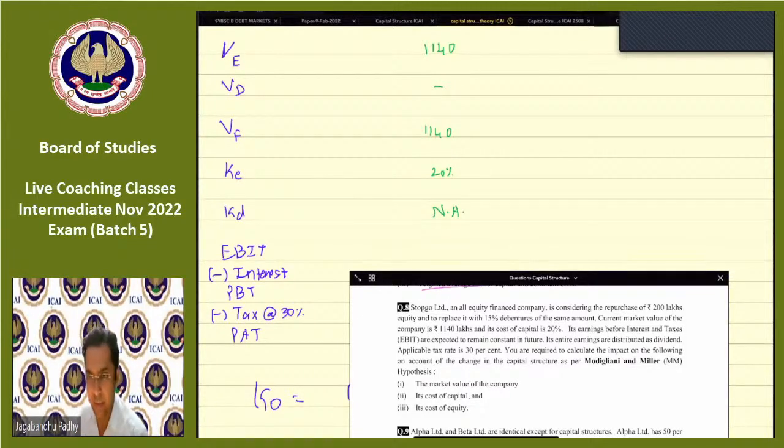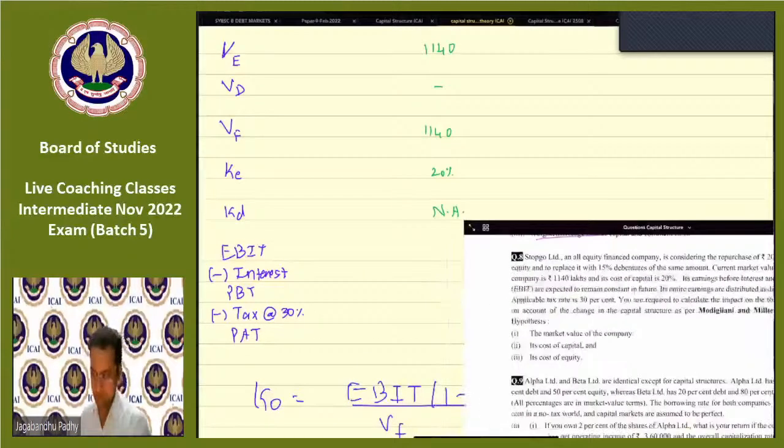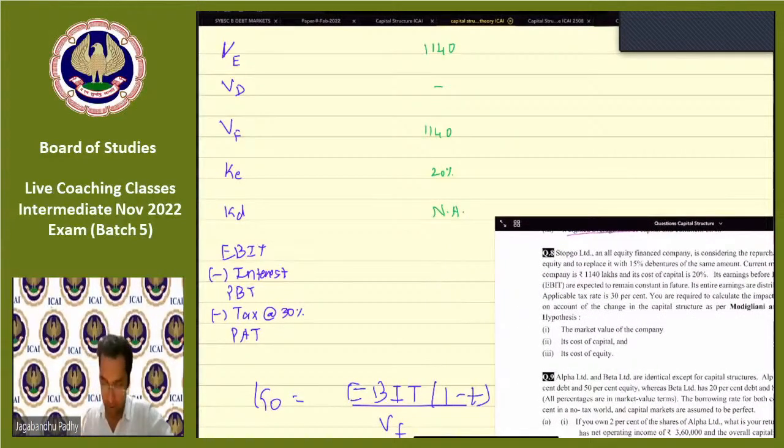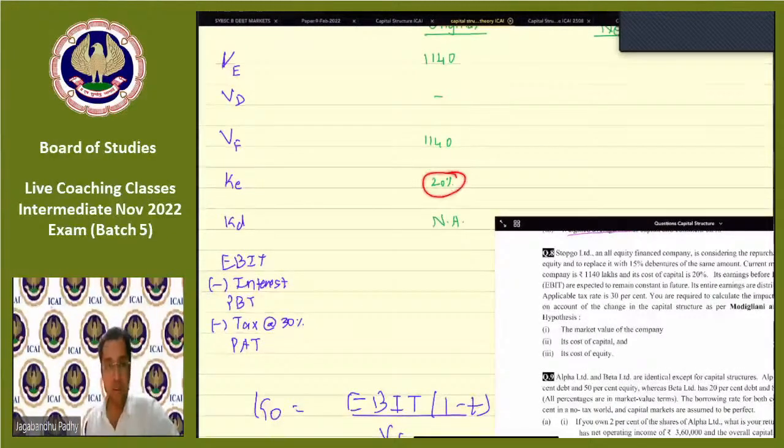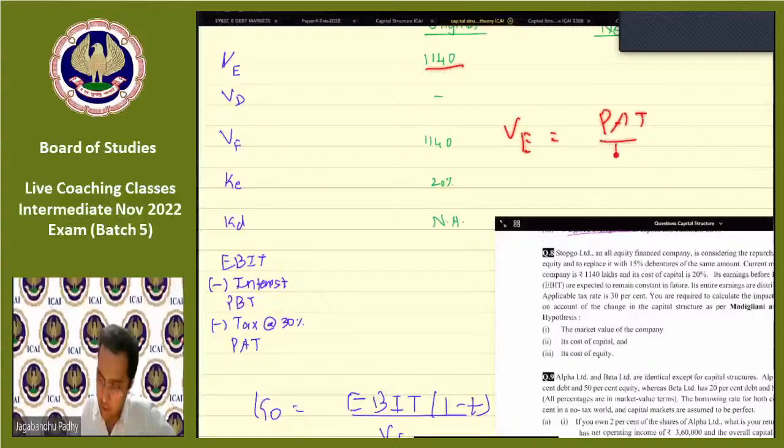Value of firm divided by KE will be EBIT. Basically, we can get EBIT by backward calculation. We know that cost of equity is 20%, right? So cost of equity 20% means we know value of equity is PAT upon KE. If I want PAT, I can simply compute it as value of equity into KE.